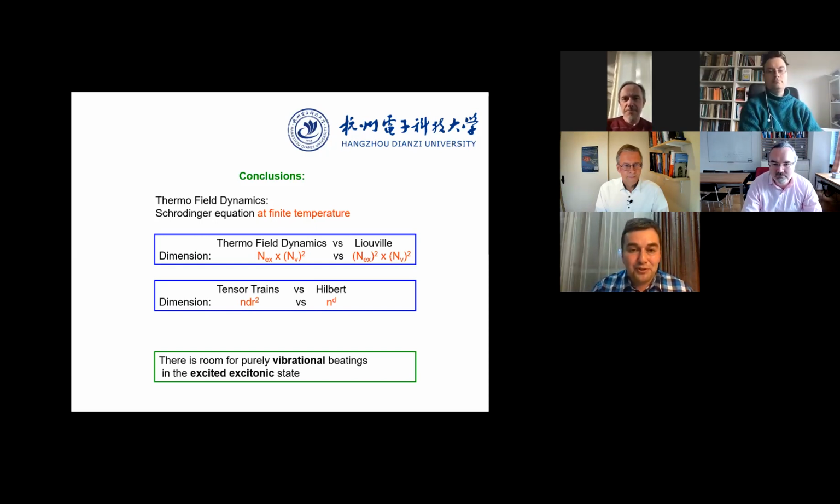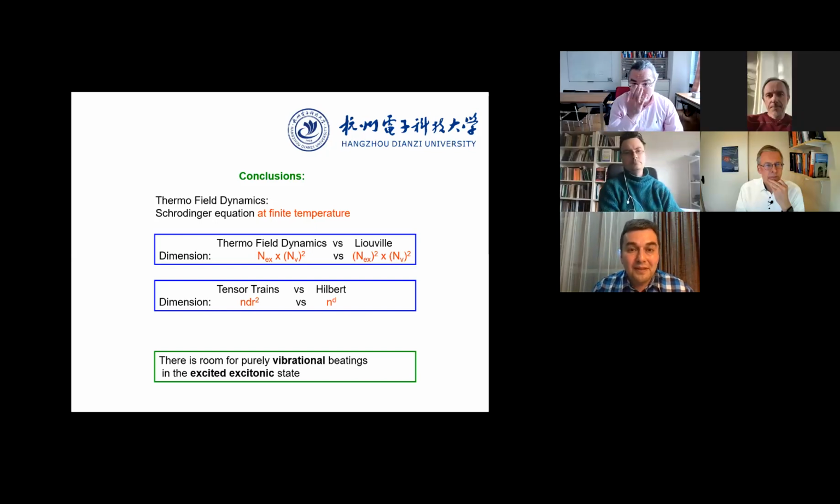If you introduce your temperature into this Thermofield Hamiltonian, then there is no need to consider another temperature. No need to use this Hamiltonian in the Liouville equation, for example, for calculation at temperature. This Hamiltonian contains already temperature, and this Schrödinger equation looks like a standard Schrödinger equation at 0 temperature.